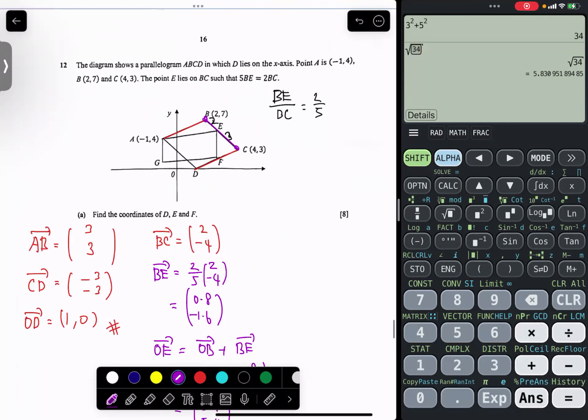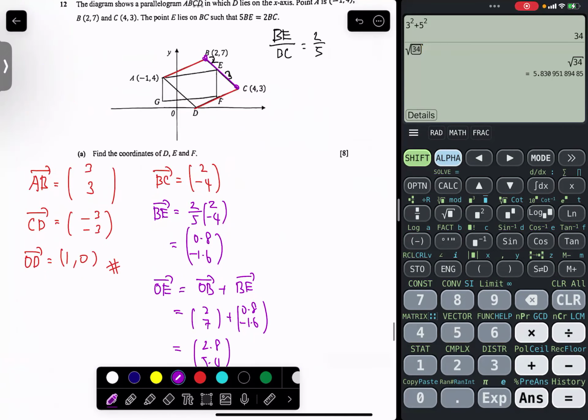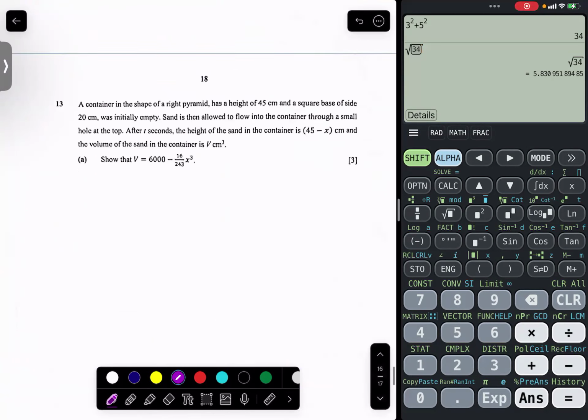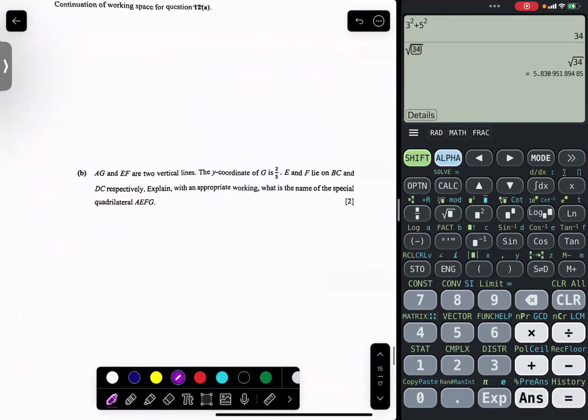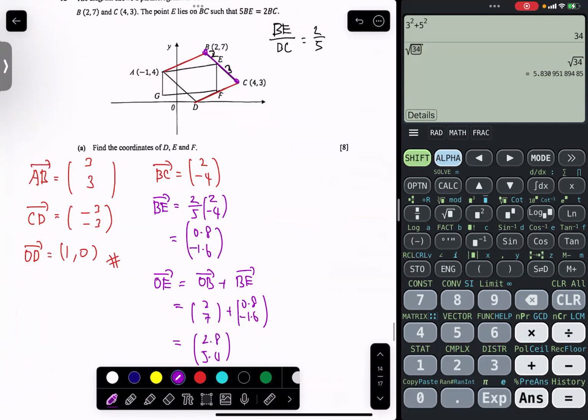Then we have lastly the coordinates of F. I felt that this question wasn't a very good question, because the information actually came a little bit further down. AG and EF are two vertical lines, which means that at this point this is vertical, and E is x equals 2 whole 4 over 5.